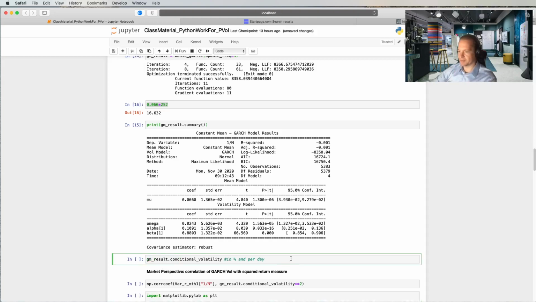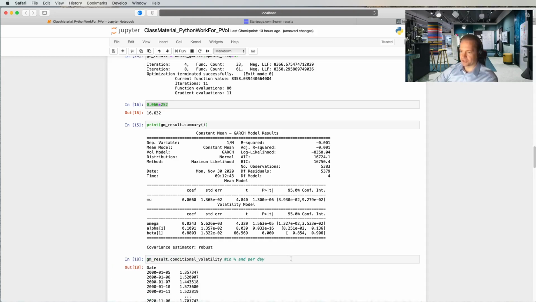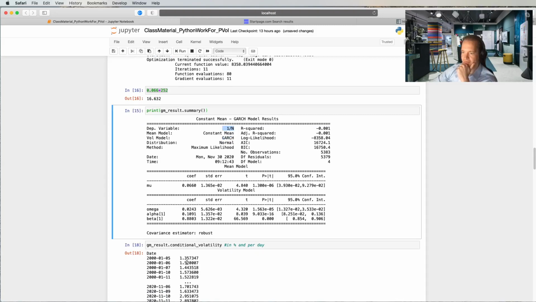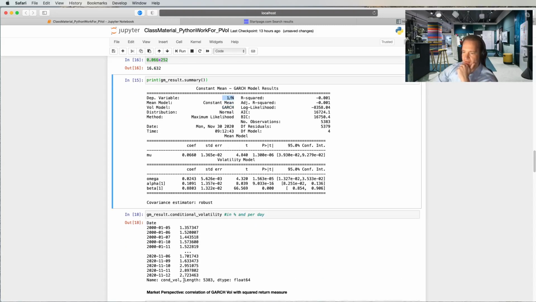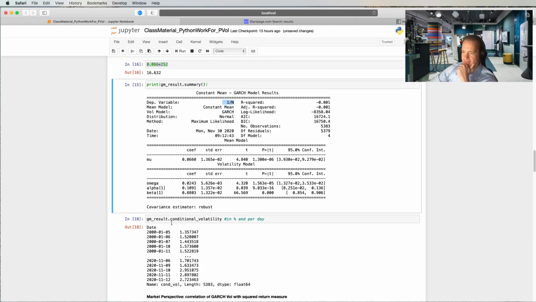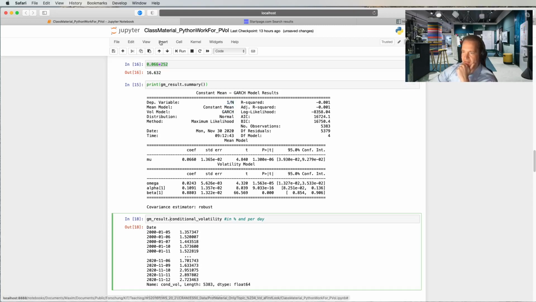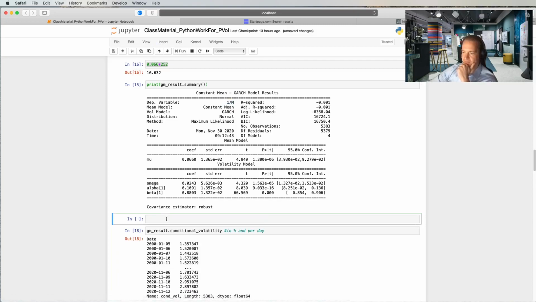So let's get that conditional vol. Here's the conditional volatility of the market portfolio, 1.35, 1.52. Let's think about the magnitudes. We put in a return series into maximum likelihood with a GARCH parameterization, and then it's estimated.